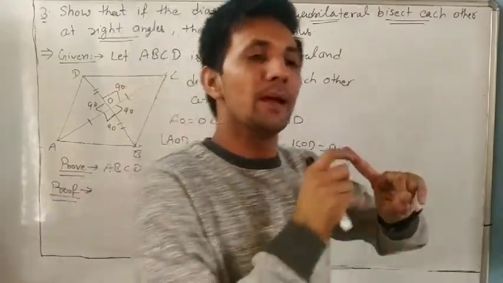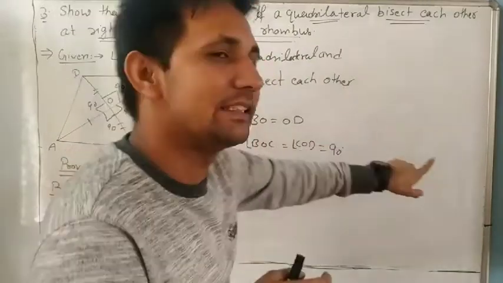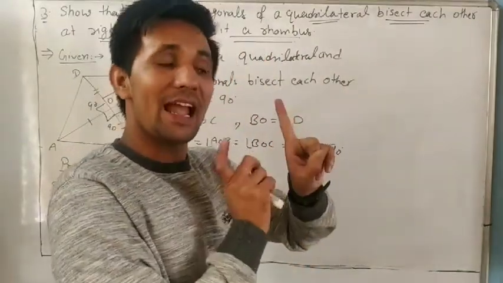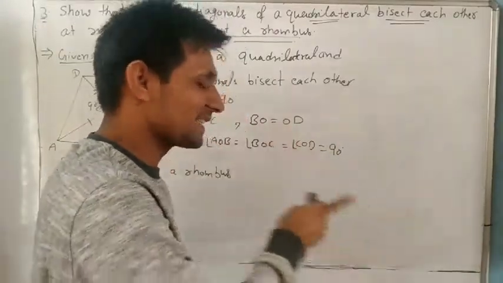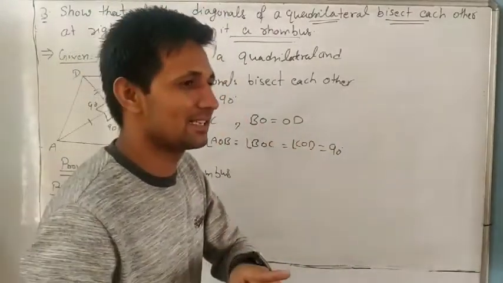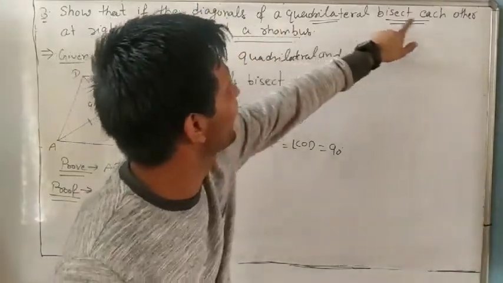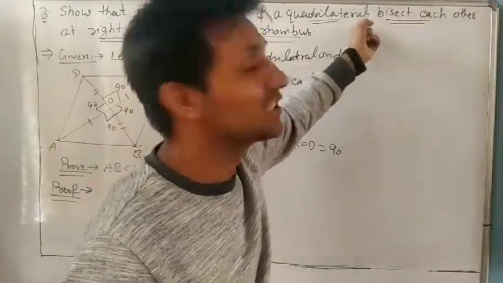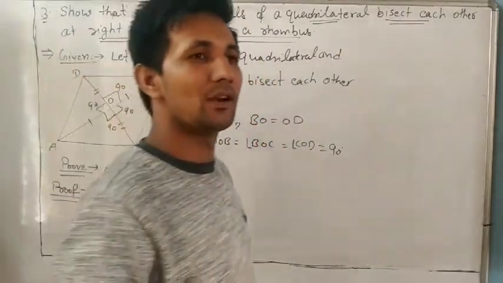Second, if opposite angles are equal, it is a parallelogram. If the diagonals bisect each other, it is a parallelogram. And what is given? The diagonals bisect each other in this quadrilateral, so it is a parallelogram.